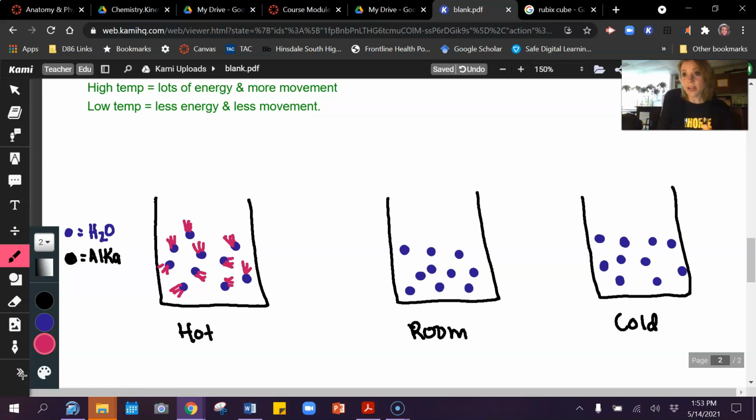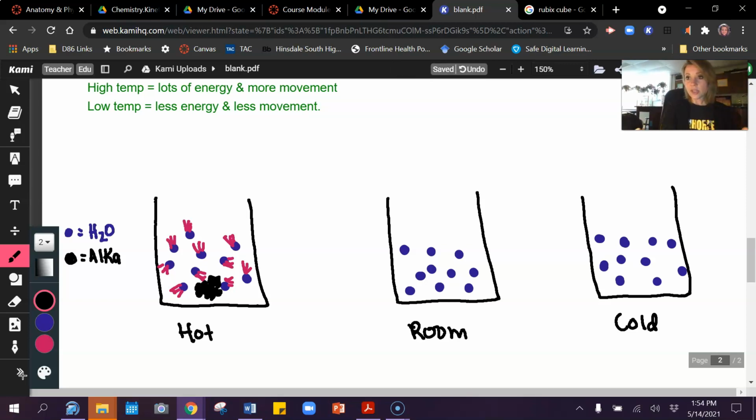And what happens when you move around really, really fast? Well, you are more likely to collide with other things. And that is exactly what happens with our Alka-Seltzer. So when I put my Alka-Seltzer tablet, and again, it's a solid, we didn't grind it up this time, so I'm just going to draw it with all of my little molecules really close together.